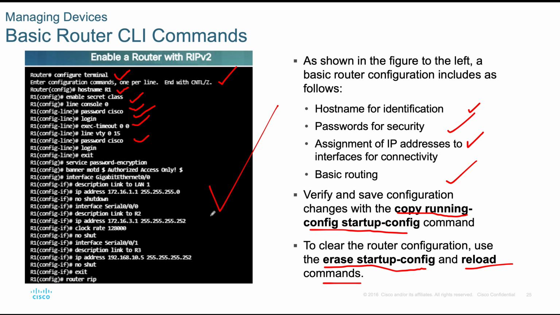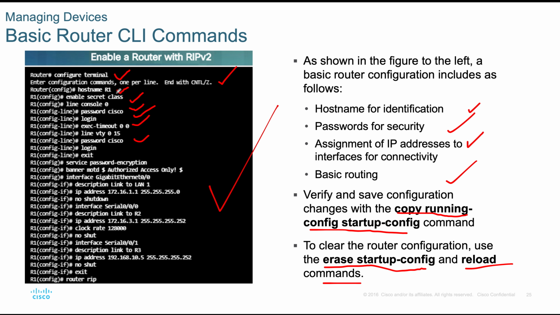Now let's quickly take a look at managing our devices. Let's take a look at the basic router command line interface, some of the commands that you need to configure as a network administrator. When you buy a router, you want to design the network. When you have to configure the router, configure the switches, we run through this because we've discussed something about configuration in the router before. So to put it in the mode, you have to say router hashtag configure terminal, and then you enter.